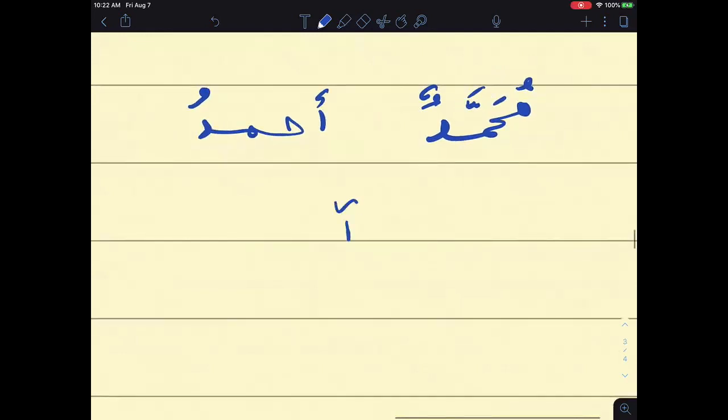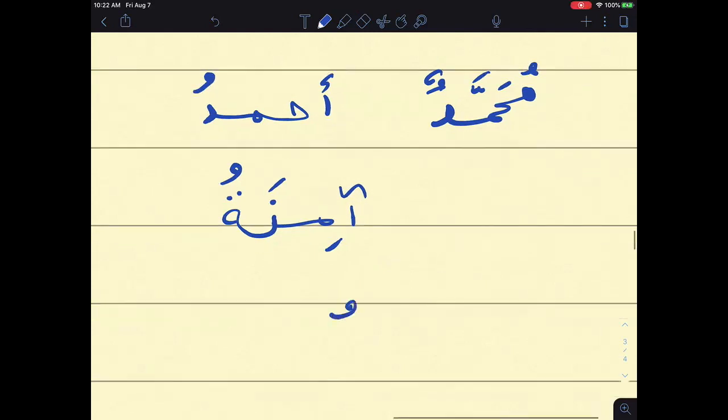Then all of a sudden I put Amina, and I put one dhamma, and you'll be asking, well, hold on a second. Muhammad, you put tanwin. Why aren't you putting tanwin in Amina? Why aren't you saying Aminatun? Why aren't you saying Fatimatun? And I'm not, because it cannot take tanwin.